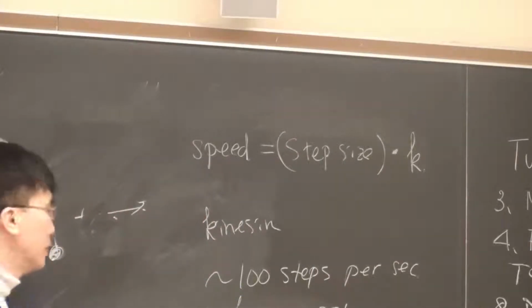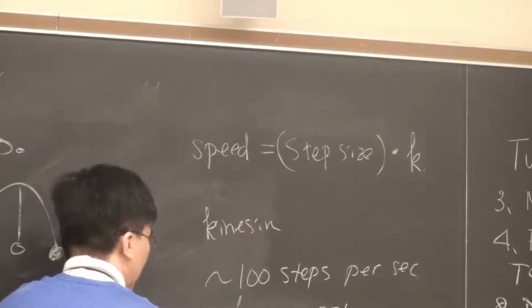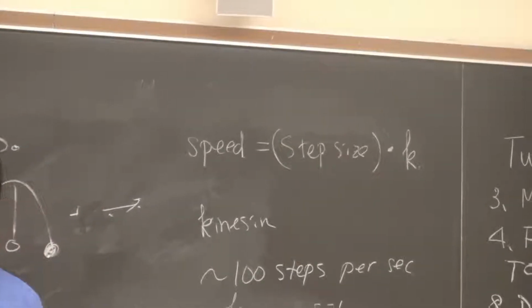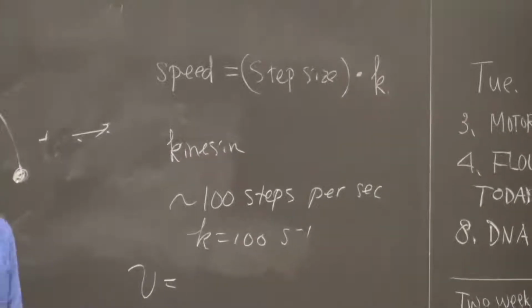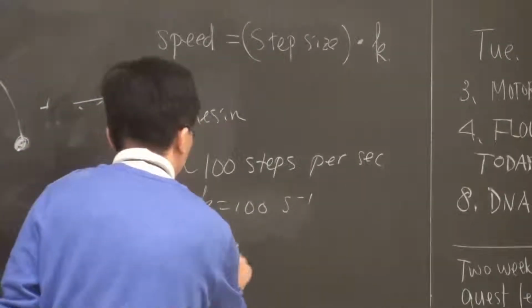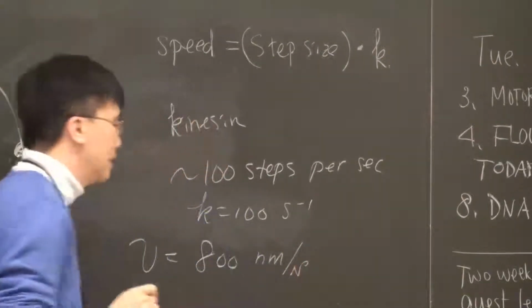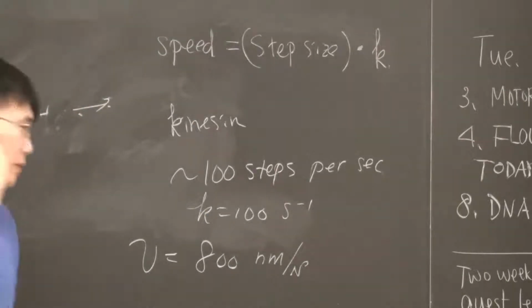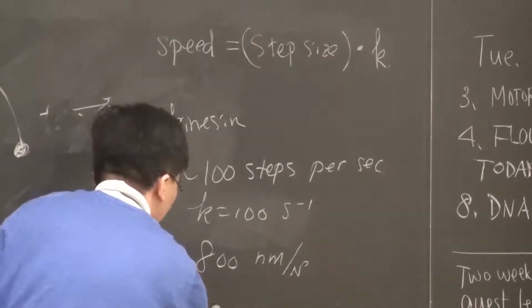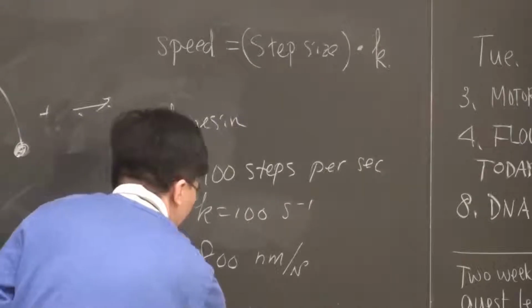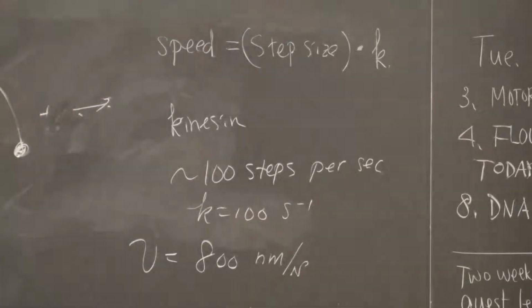Per second. So the speed of kinesin would be 8 nanometers times hundreds per second. So the rule of thumb is that typically about micrometers per second for many of the motor proteins moving on microtubules or actin filaments.